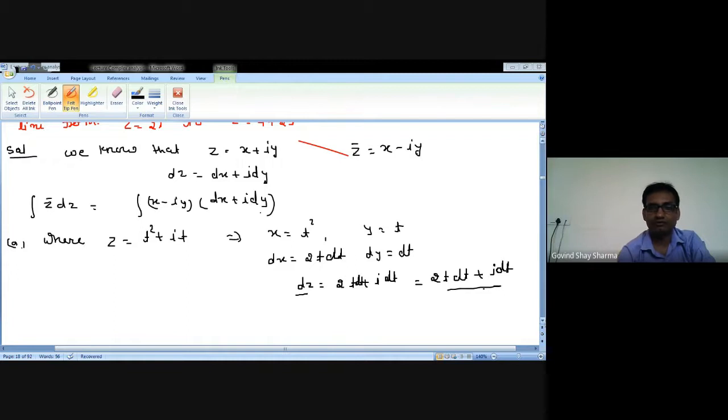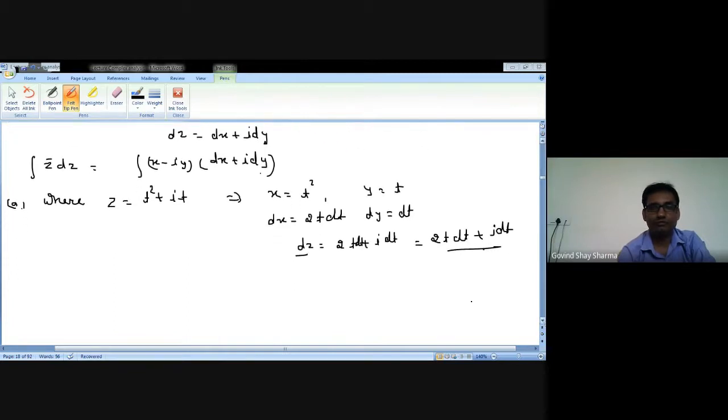Now, if z is in this form, we know z is equal to x plus iota y, so by comparison we get x and y and dz.